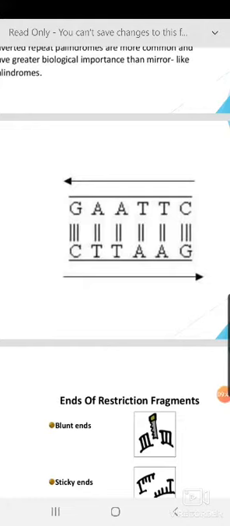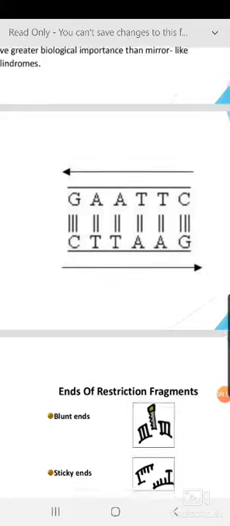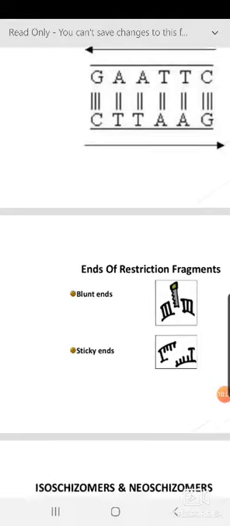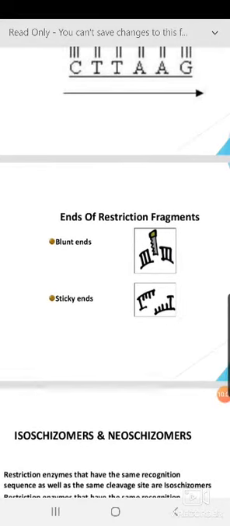If you can imagine, after GAA a vertical axis, if you rotate it two times 90 degrees, then it will be the same sequence. That's called a palindromic sequence.